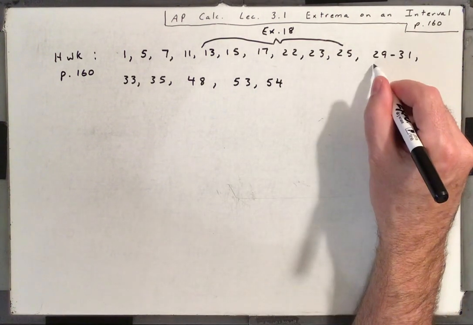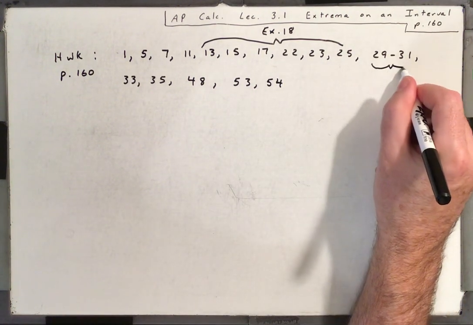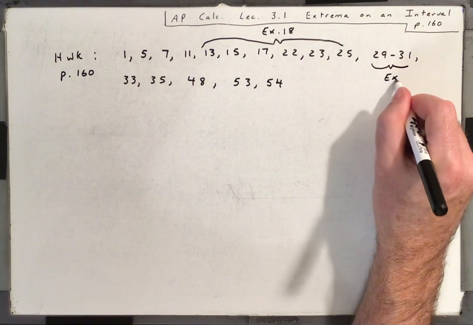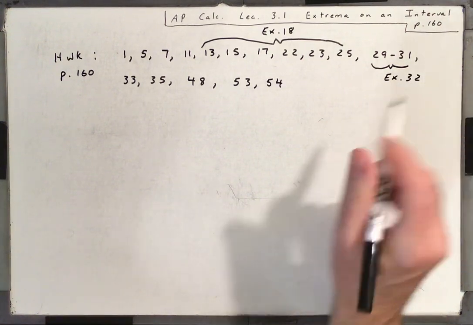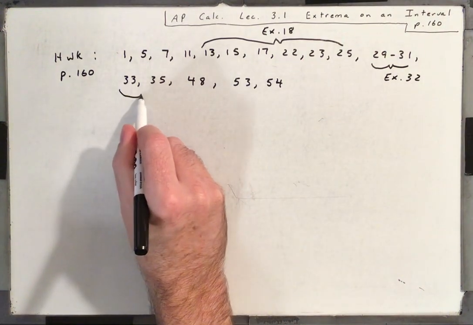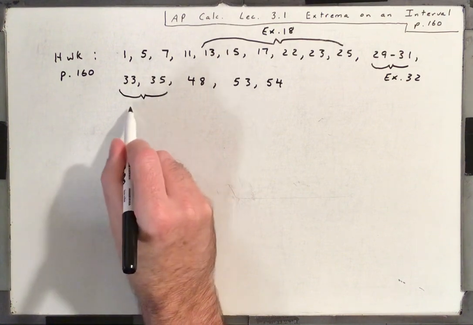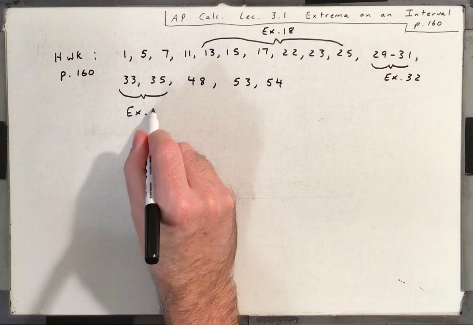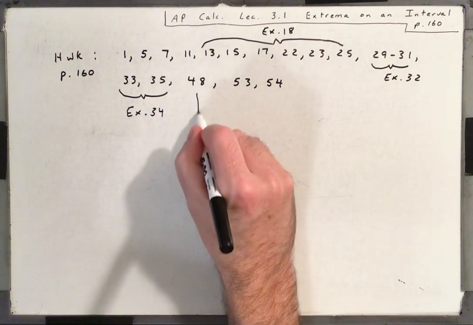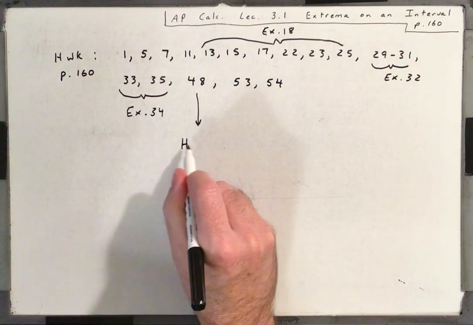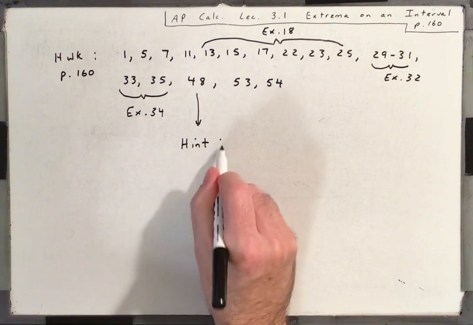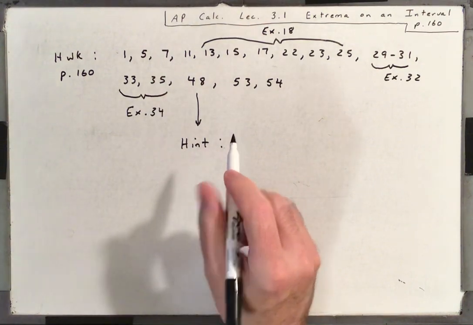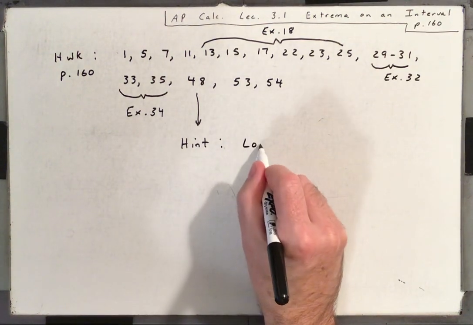All right, 29 through 31. Look at example 32. For 33 and 35, look at example 34. Do it like that. For 48, here's a hint. Look at the critical points.